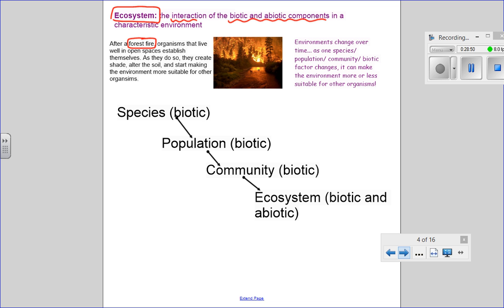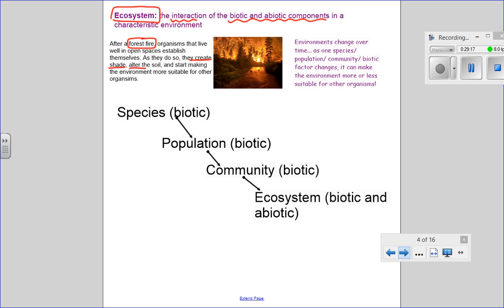After a forest fire, you're basically starting over from scratch. First, organisms that live well in open spaces establish themselves. Then they create shade, they alter the soil, and they make the environment more suitable for other organisms. So biotic things affect the abiotic factors, which in turn affect which biotic things live there.